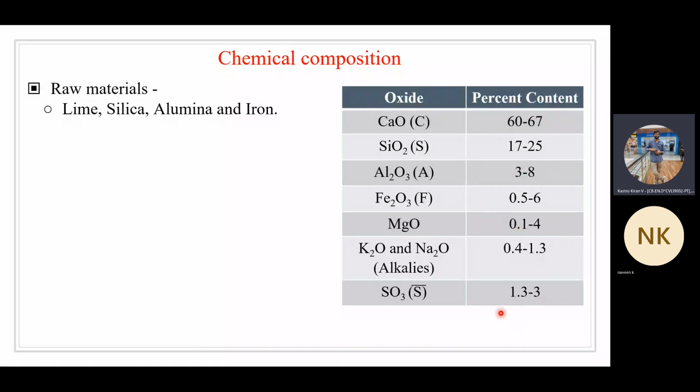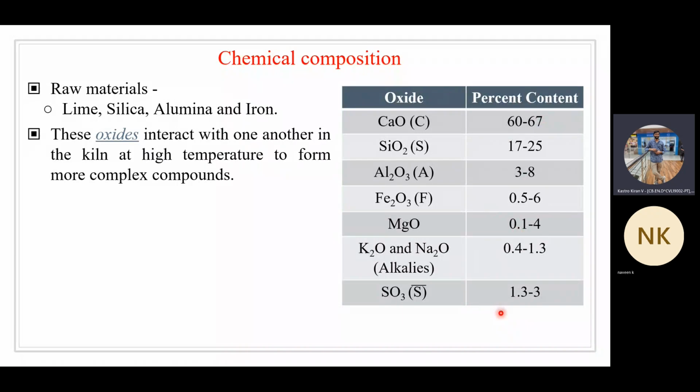Now what happens when these oxides interact with one another in the kiln? If you remember, in the cement manufacturing process, we collect all the raw materials and send them into the rotary kiln.